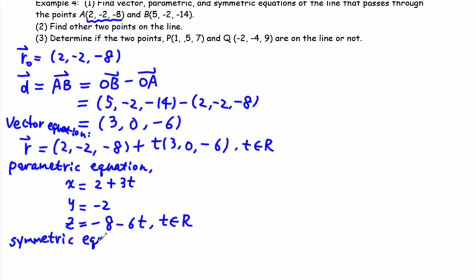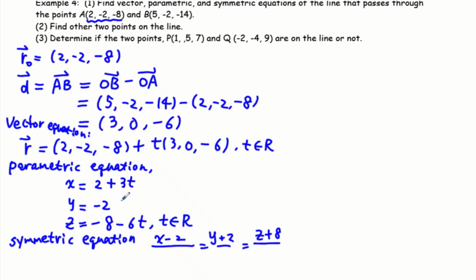After that, the symmetric equation: we solve for t. x minus x0, y minus y0, z minus z0, all over the direction vector.